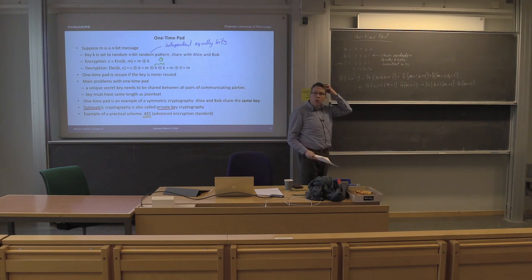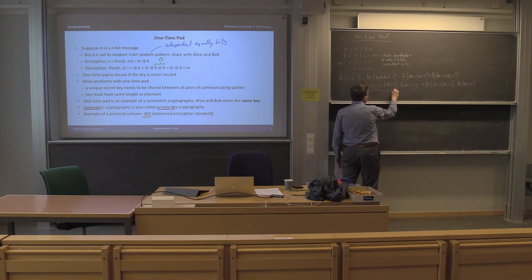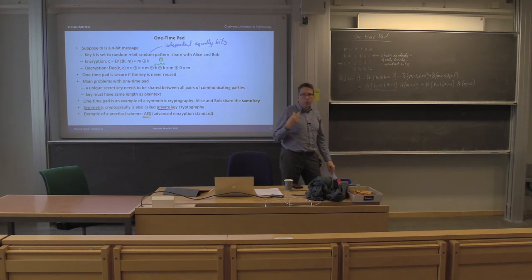Okay. And now we're almost done. So, what is the probability that the first bit in the key is 0 given that the first bit in the message is a 1?